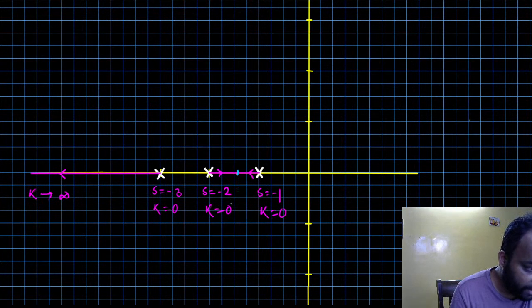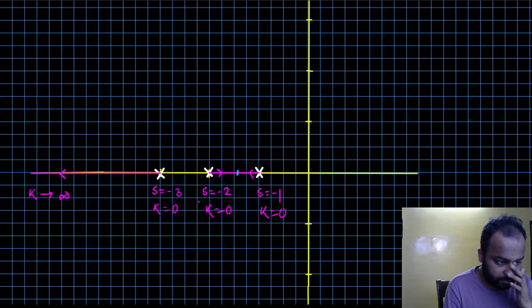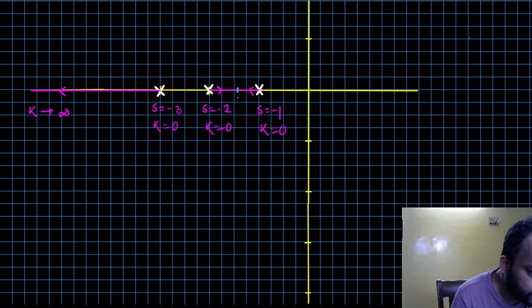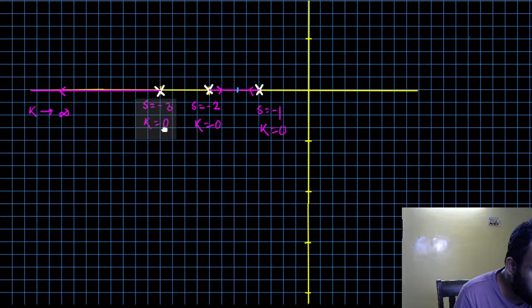So that is the breakaway point here, and from there the poles would break away. Let me just write it down maybe.